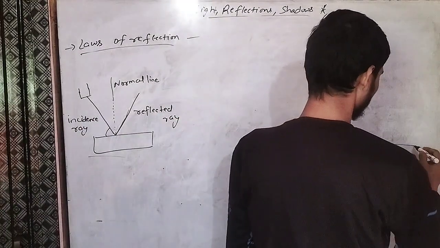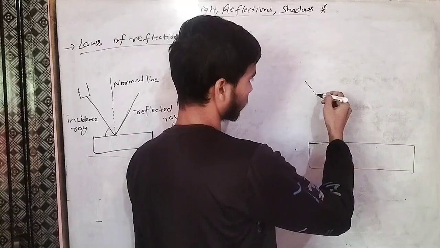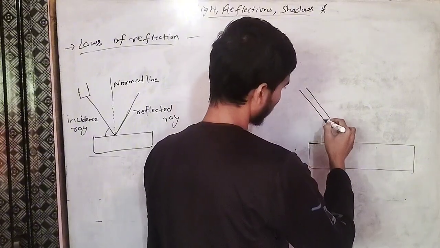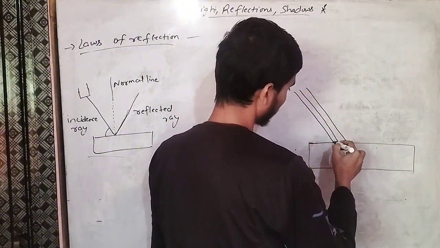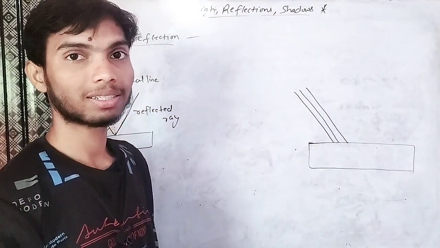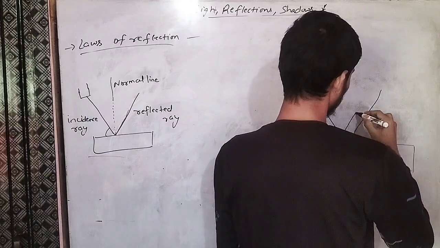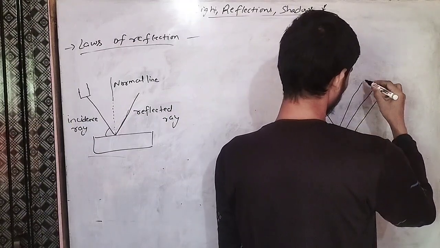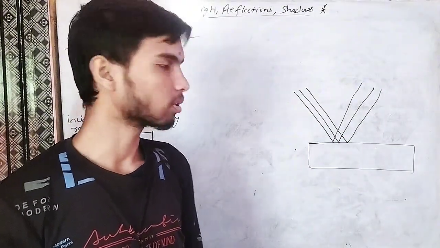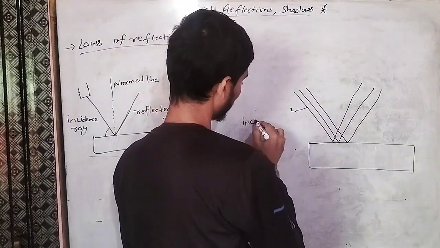This is a plane opaque object. We have rays, which you already know are incident rays, and these are reflected rays.